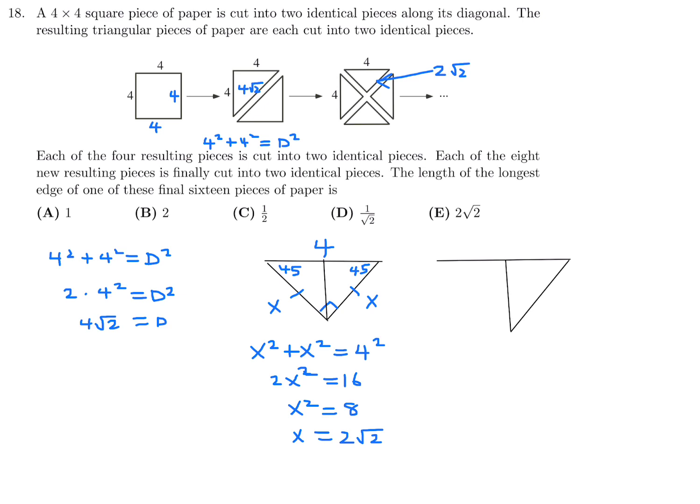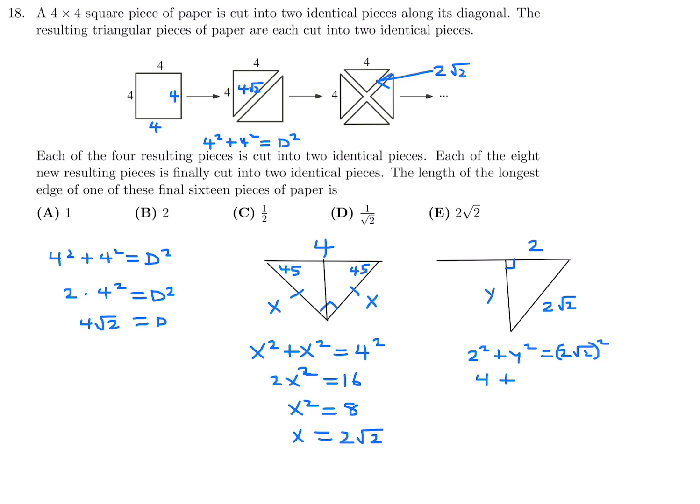Now let's talk about the dimensions there. Well, this whole thing was 4, so that means this has got to be 2. This part is x, and that doesn't change, interestingly, so that's 2 root 2. And then this is 90, and this side, even if I don't know what it is, I can easily figure it out using Pythagoras. 2 squared plus y squared is 2 root 2 squared.